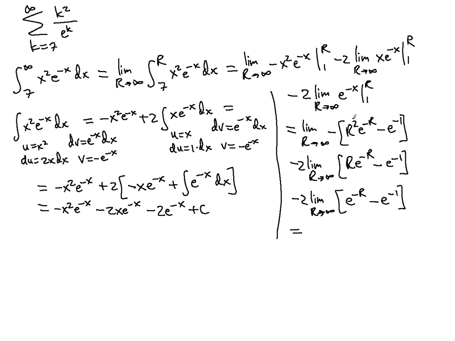Let's see what we're going to get. I'm going to separate this work because we need some space. We're probably going to use L'Hôpital's rule. We put the negative outside, so r squared e to the negative r becomes r squared over e to the r, as a fraction, eliminating the negative in the power.